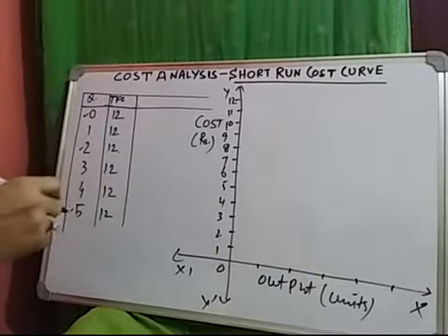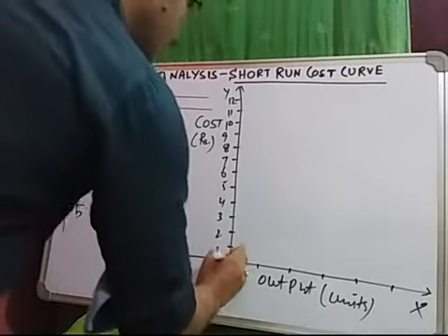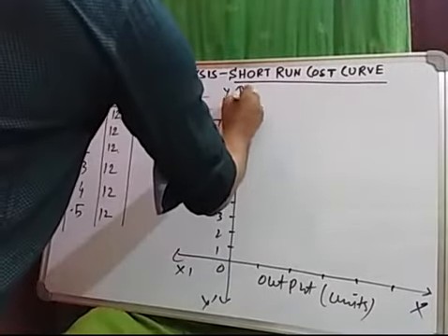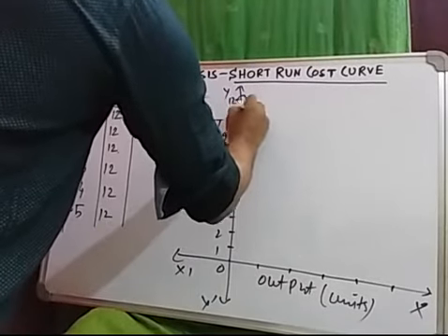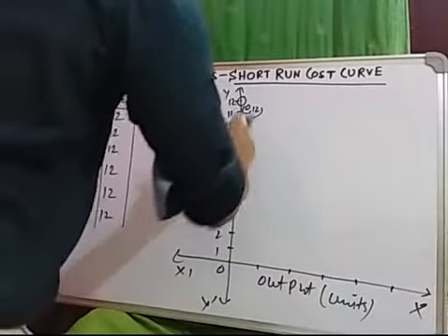Now I am plotting the points. The first coordinate point is 0, 12. So this is 0 and this is 12. I am getting the first coordinate point. The second one is 1, 12: 1 is this and 12 is this.